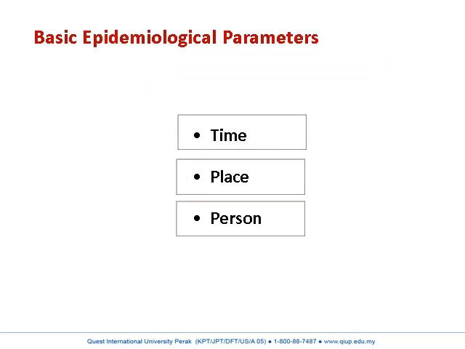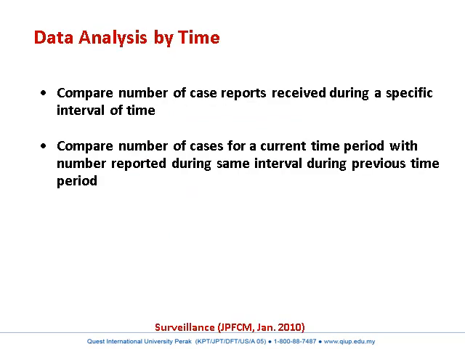Basic epidemiological parameters of surveillance are time, place, and person. Data analysis should be done by time. Compare the number of case reports received during a specific interval of time.